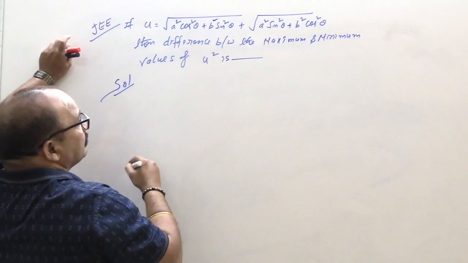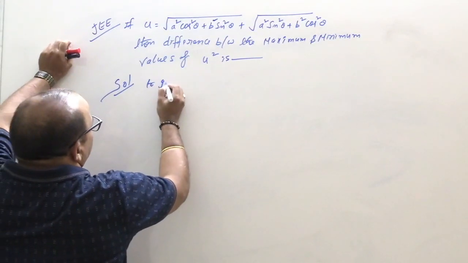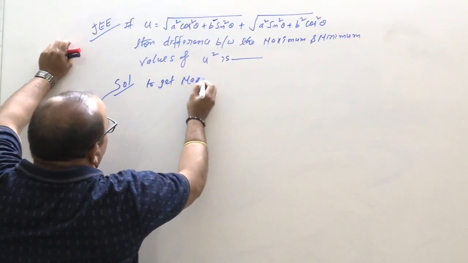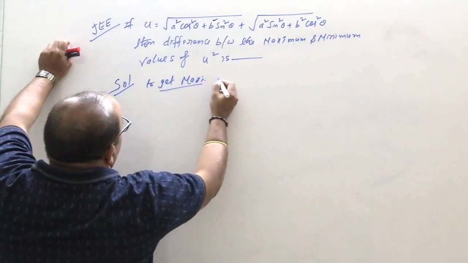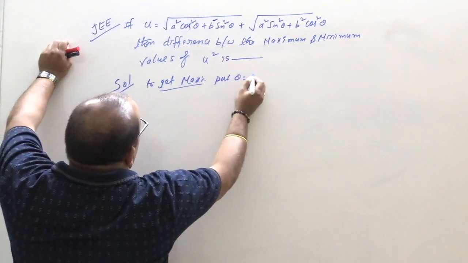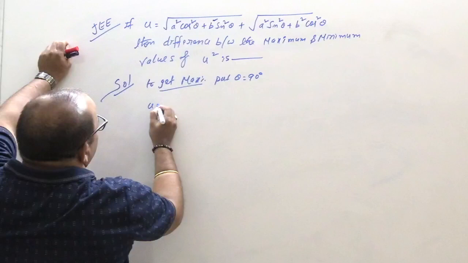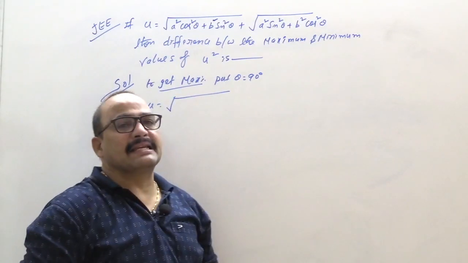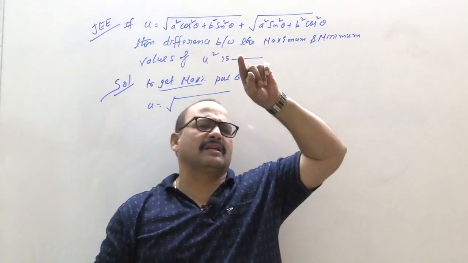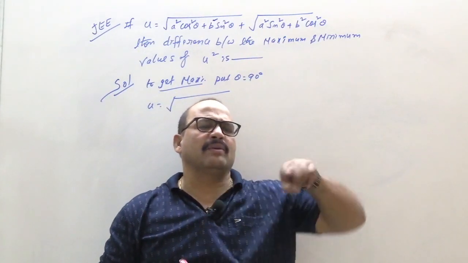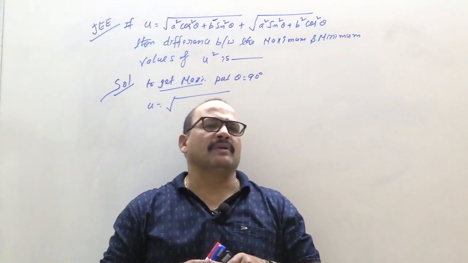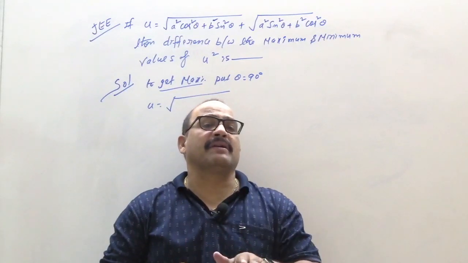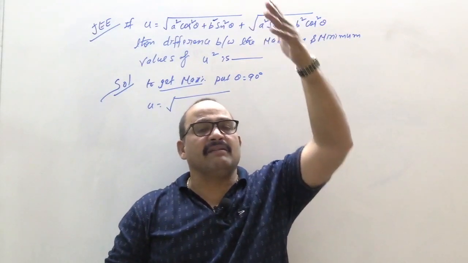To get maximum value, put theta is equal to 90 degrees, because sin cos takes the maximum at 90, and sin cos intersect at pi by 4. So the logic behind that is pi by 4 will give minimum, sin 90 will give maximum.